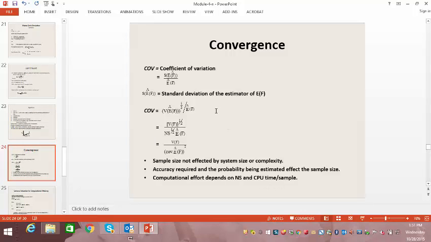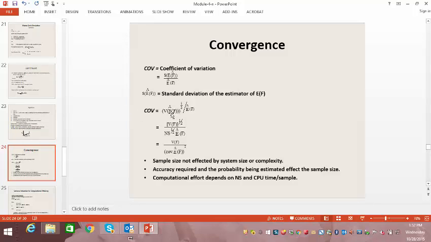So the coefficient of variation can be found from the standard deviation of the estimate divided by the expected value.